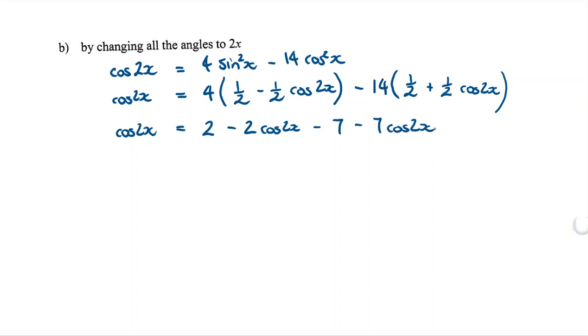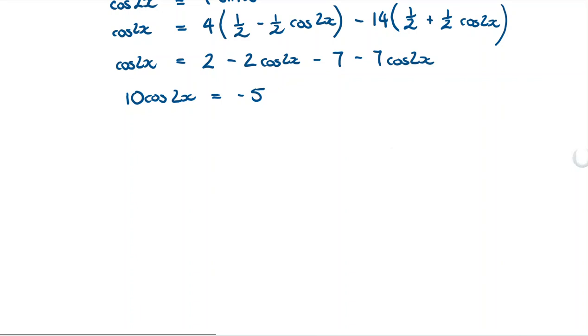We have negative 9 on the right, so if we collect them on the other side, we will have 10 cos 2x's. And 2 take away 7 is -5. Getting easier, the more things we can cancel out. Divide the 10 away.